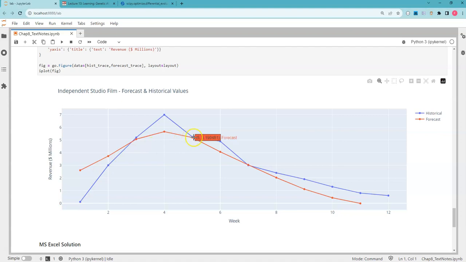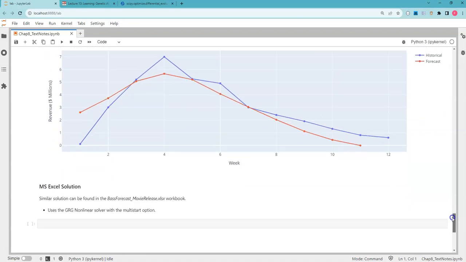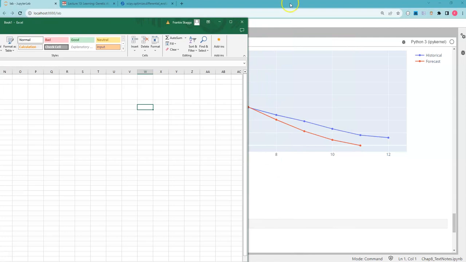You can see it's fairly well capturing this rise and fall of the sales for this independent studio film, where the peak is happening right around week 4. Okay, so that's the discussion inside the notebook with Python.